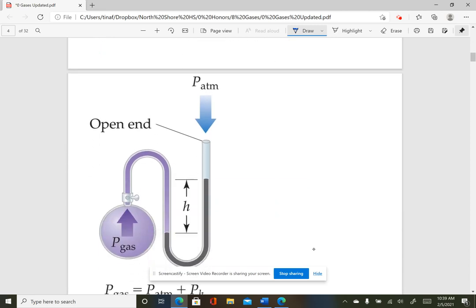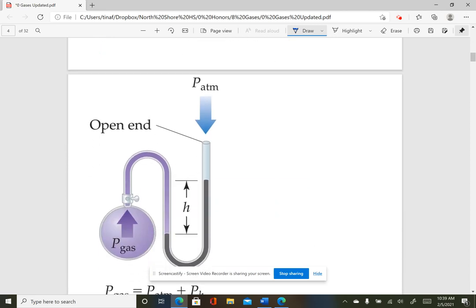This is a manometer. I'll write it over here. And a manometer measures the pressure of a sample of gas. So notice that it looks a little bit different.